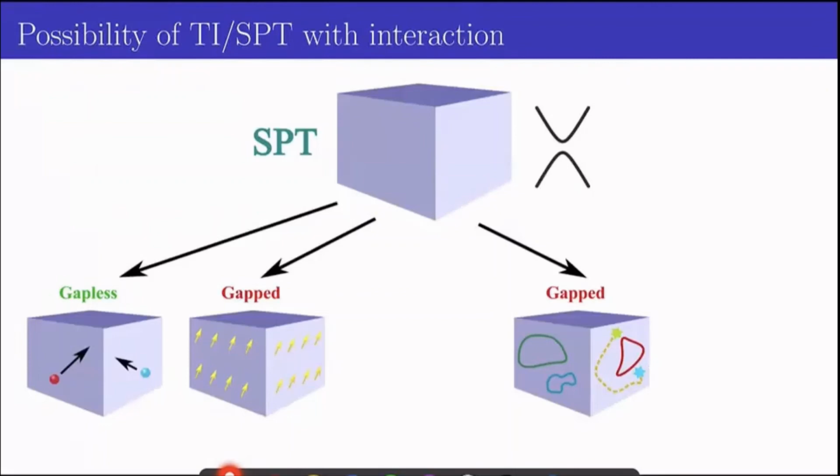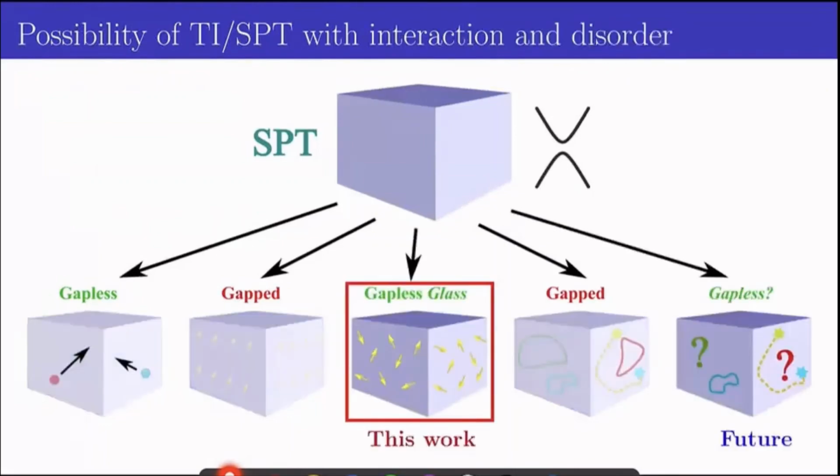Now I hope I convinced you that there is another possibility, that is a gapless localized state with symmetry breaking in a random way. And it might be interesting to explore the possibility of surface topological order with disorder. I will stop here and thank you for watching this video.